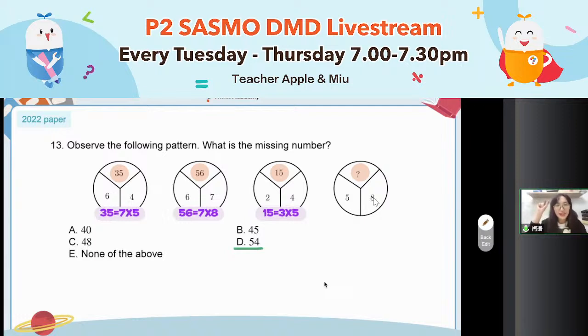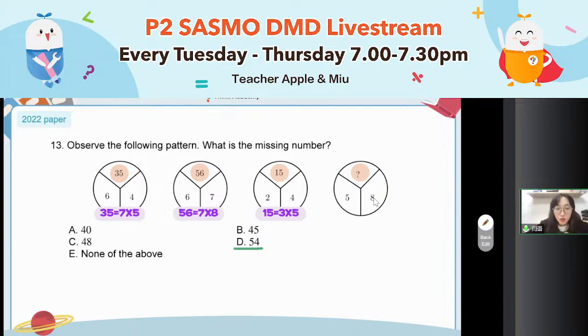And what about 56? We have 7 times 8 equals 56. And after that, what about 15? 3 times 5 equals 15. So again, you can see that the numbers on the top are always much bigger than the numbers at the bottom. So in this way, you need to consider multiplication.